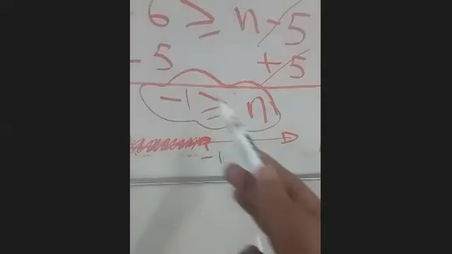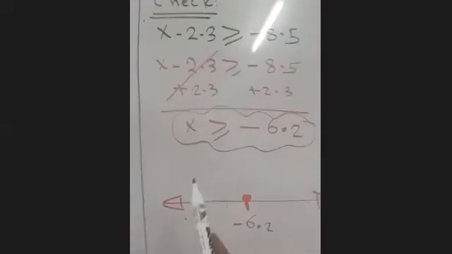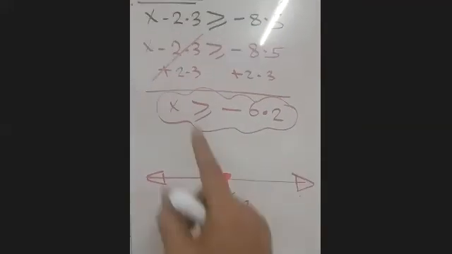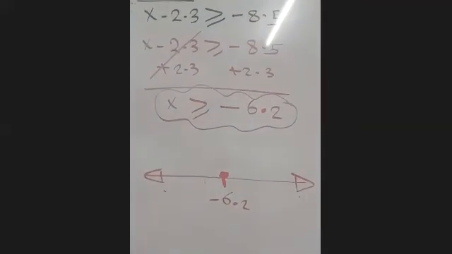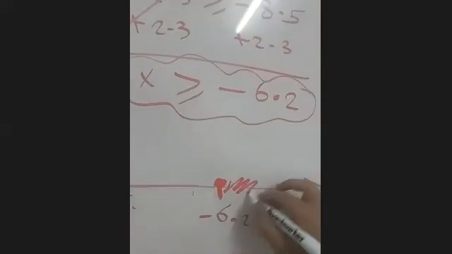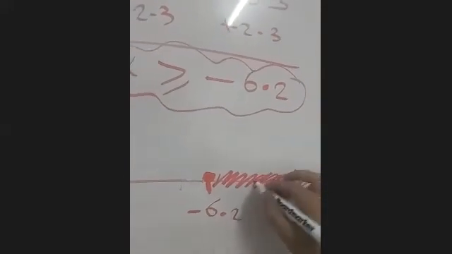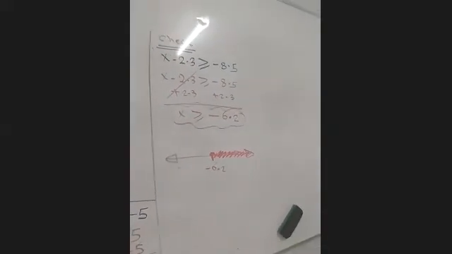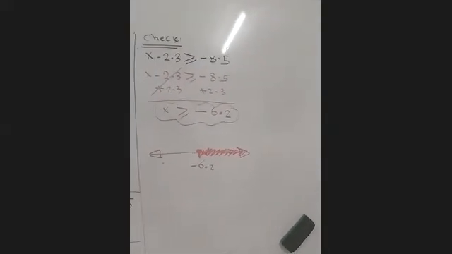Here, n less than or equal. Here, x more than or equal. Do you understand the difference? Yes. So x more than or equal negative 6.2, I will go to the right or to the left? To the right. Do you understand it? Yes. Good boy. Thank you.